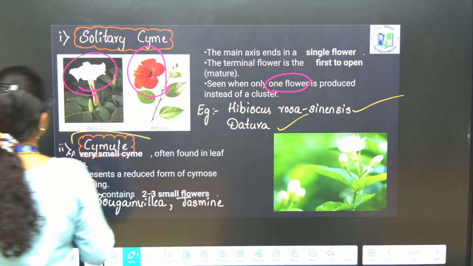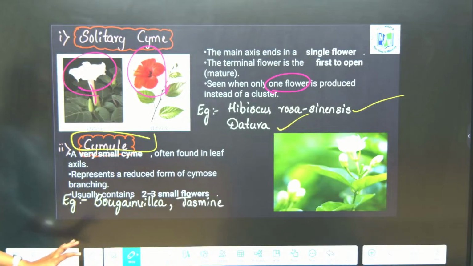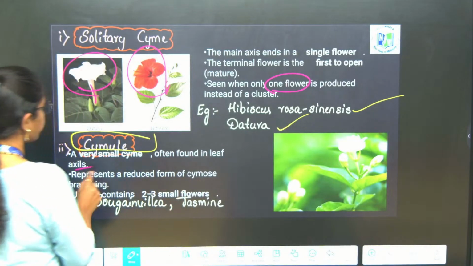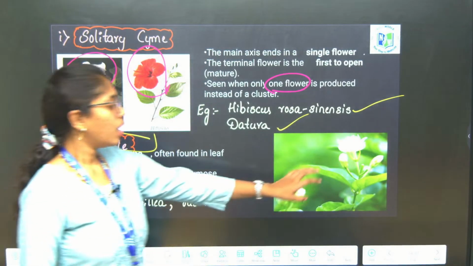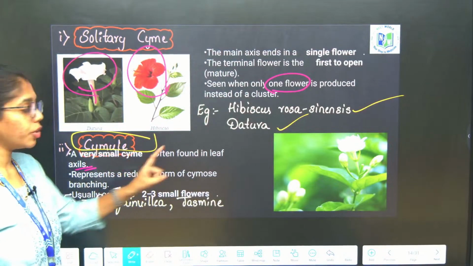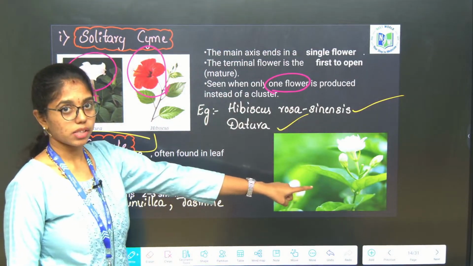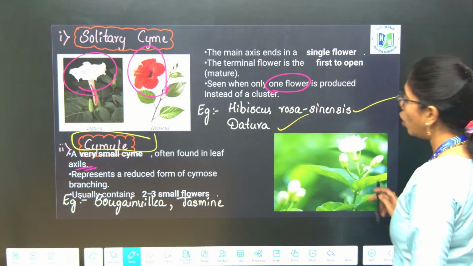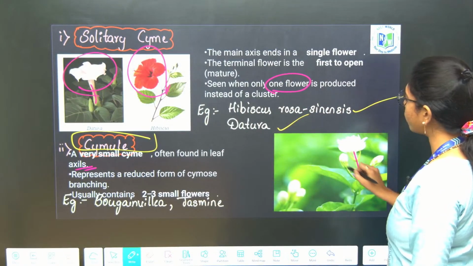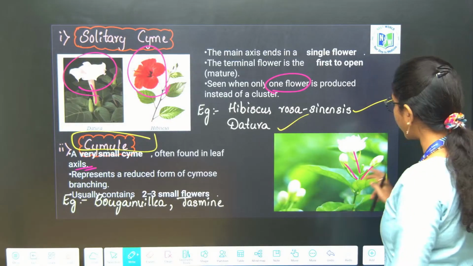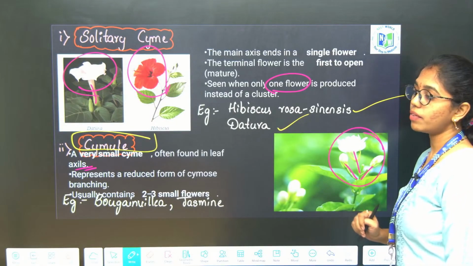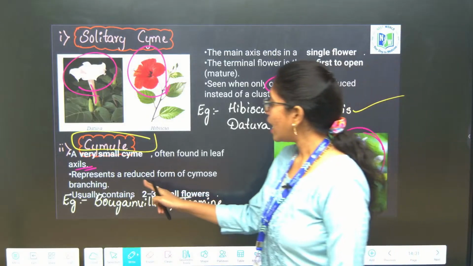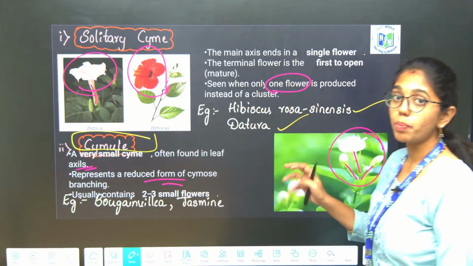Next is cymule, a very small cyme often found in leaf axils. Whenever you remember cymule, you remember the jasmine flower, wherein on the leaf axils itself 2 to 3 small flowers will arise at the tip. This represents a reduced form of cymose branching.